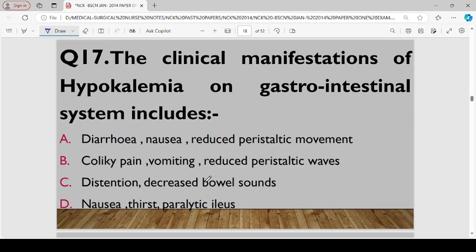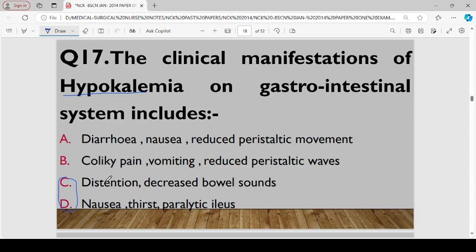The clinical manifestation of hypokalemia on the gastrointestinal system. Hypokalemia will lead to distension, right? Decreased bowel sounds, nausea, thirst, and paralytic ileus. In short, we have an inactive GIT, right? Looking at this one, I'm afraid they didn't have an outright answer, as C and D tend to be the correct options, right?